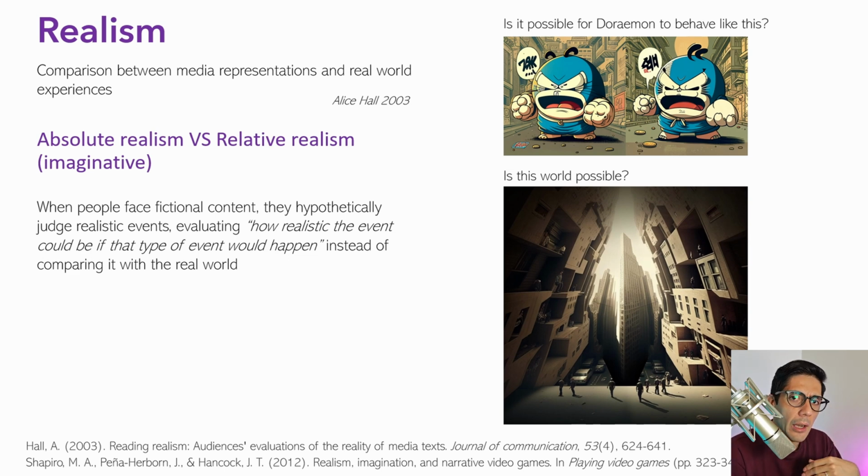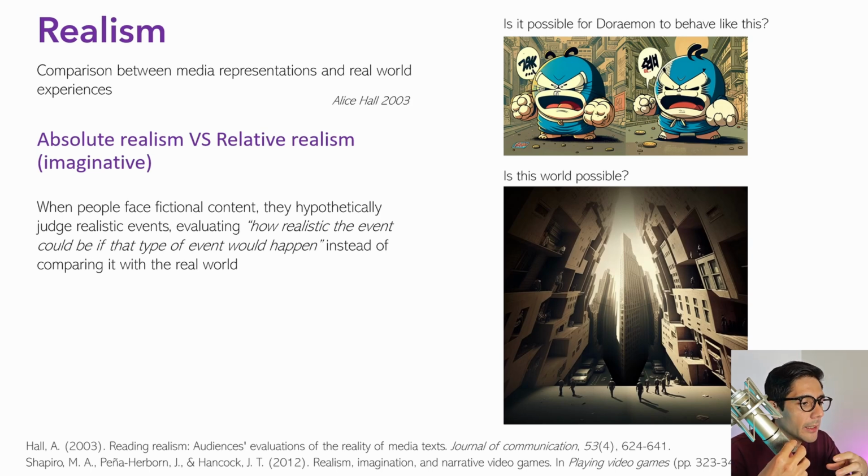It's not how he looks. He would not behave in this way. So if I tell you, look, Doraemon is going to the street and eating people around the street and destroying the town, etc., you will say, no, this is not how Doraemon is, right?